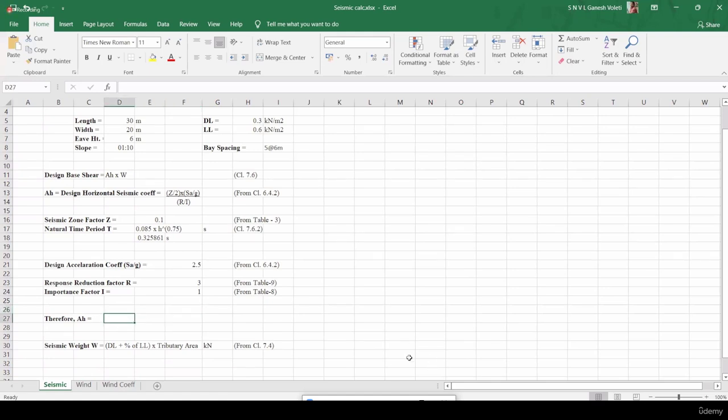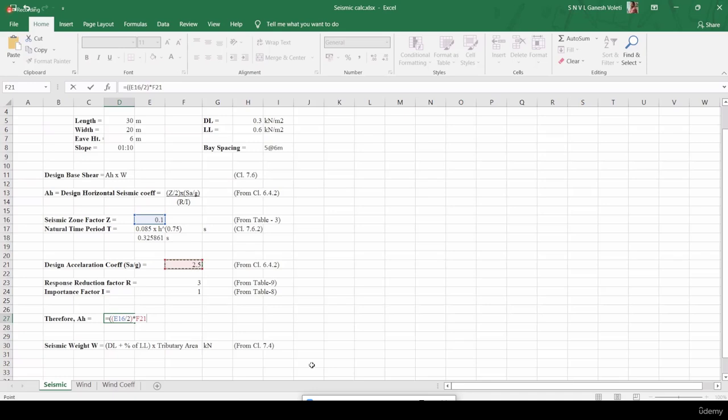So now we have to calculate Ah, nothing but the design horizontal seismic coefficient. The formula is Z by 2 into Sa by g divided by R by I. So I'm just using my formula: Z by 2, into Sa by g, I have got 2.5 here, right?